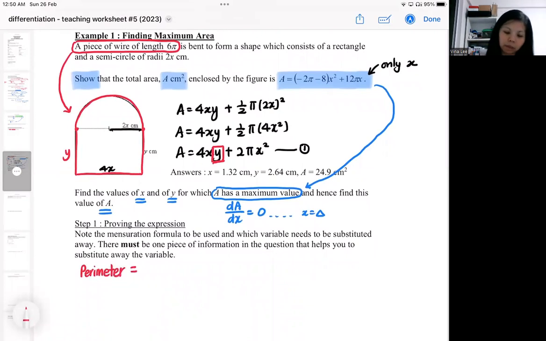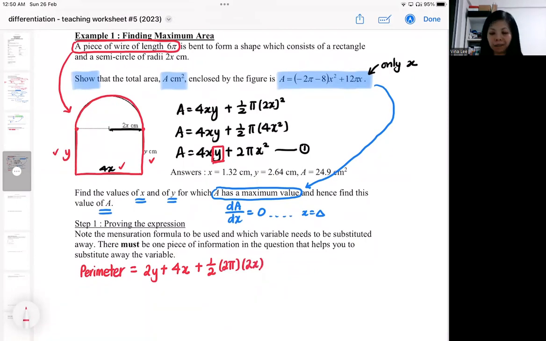So what is the perimeter made up of? There will be 2y here, and then there will be a 4x, and there will be a semicircle circumference. So semicircle circumference is half of 2 pi r. The r is 2x.